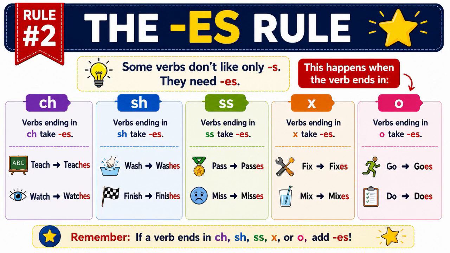Rule number 2. The ES rule. Some verbs don't like only s. They need es. This happens when the verb ends in ch: teach, teaches; watch, watches. With sh: wash, washes; finish, finishes.